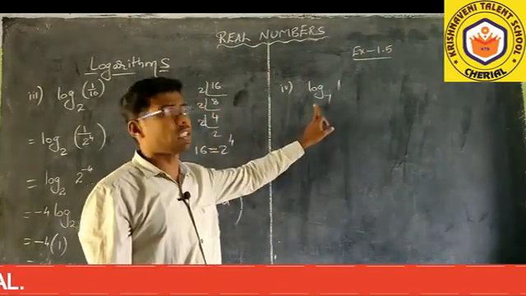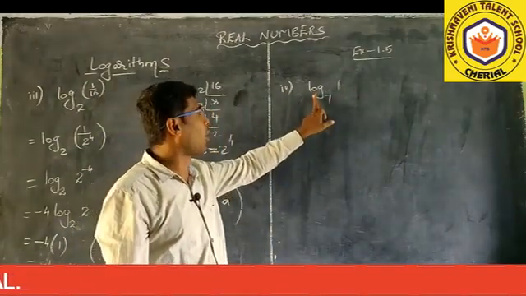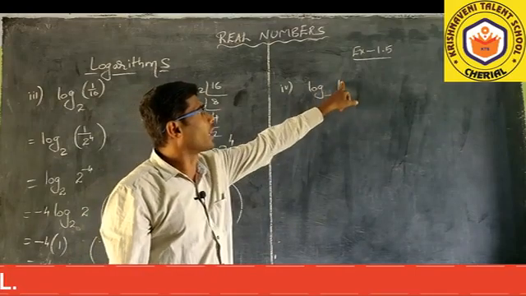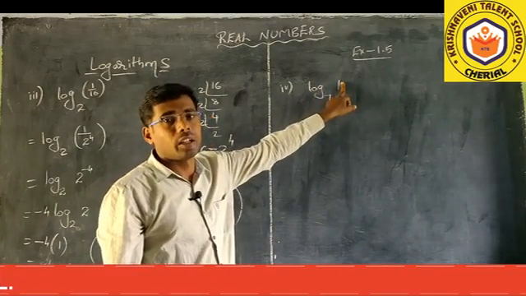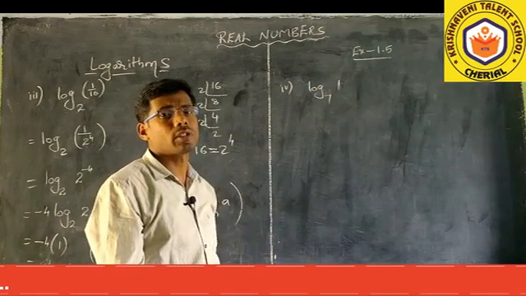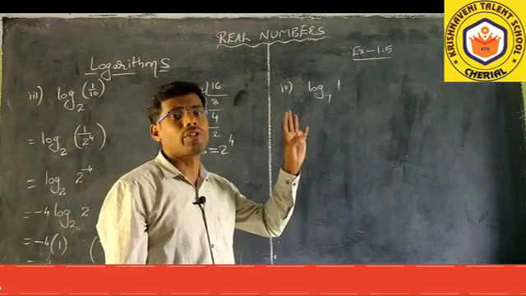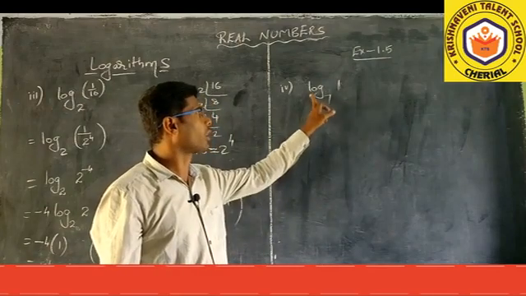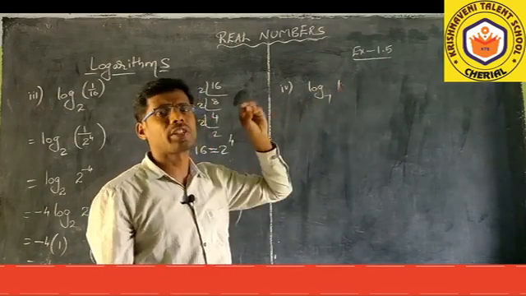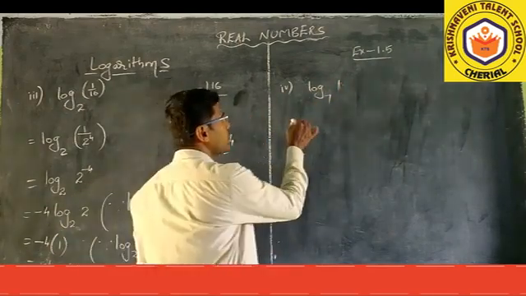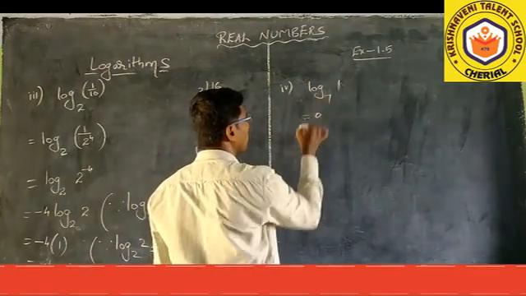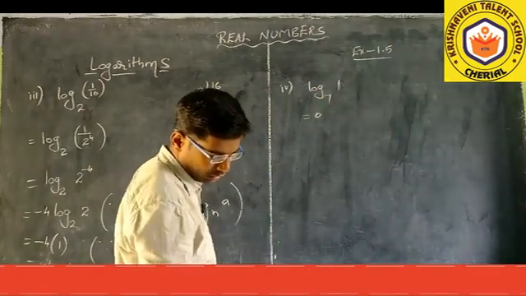In the previous class I explained clearly that in logarithms, whenever the number is 1, its value is always equal to 0. Log 1 to any base, its value is always equal to 0. So the value of log 1 to the base 7 is 0. Directly you can write that.